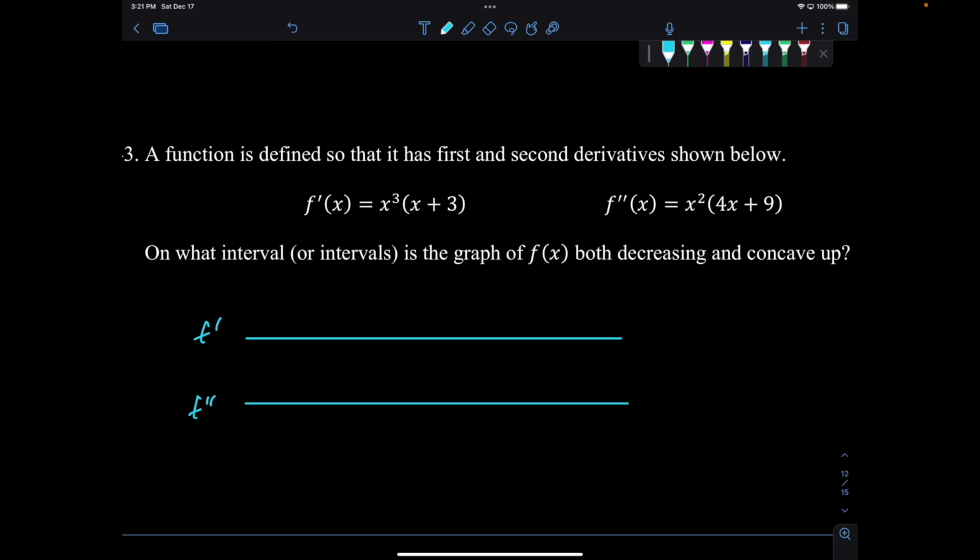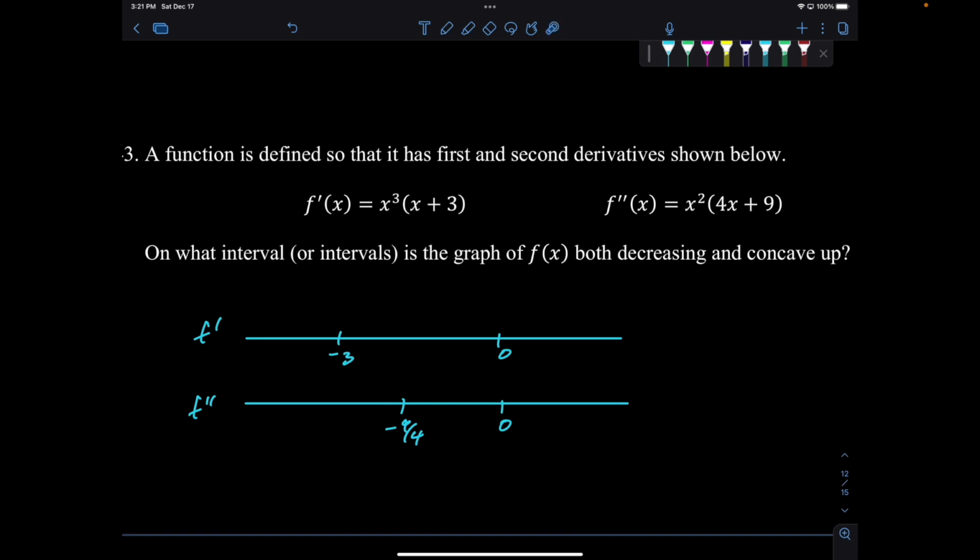All right, f prime has zeros at -3 and at 0. And then f double prime has zeros at 0, -9/4, which is like -2.25. So let's put that here. All right, and now we're just going to fill in our sign chart, right?